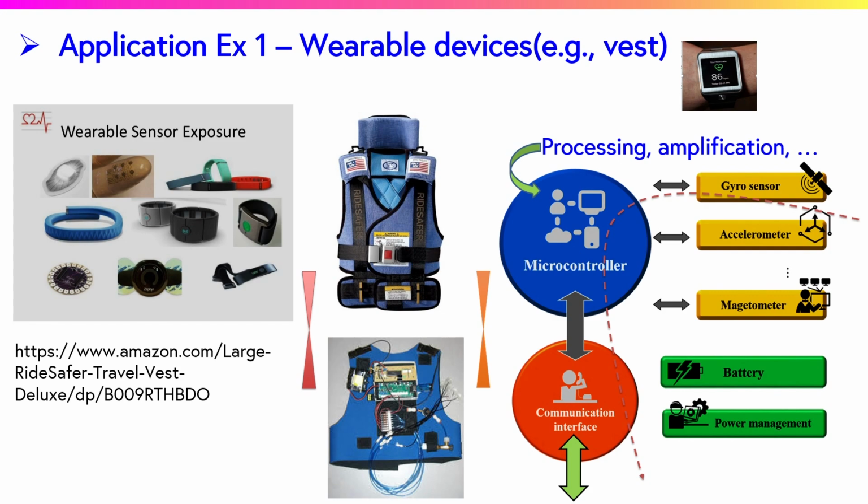For example, you may apply public cellular like 3G or 4G, and also you can use Wi-Fi and so forth. That's why we have a communication interface here. Down below there will be a propagation of signals back to the internet, back to the applications and so forth. This is the first one. We see the wearable devices.